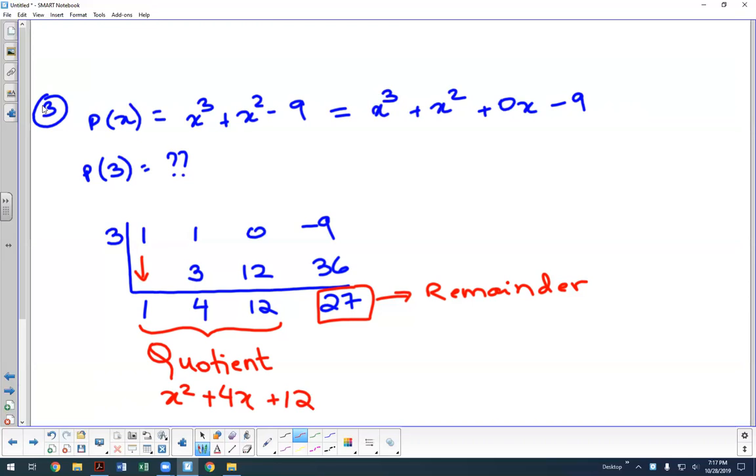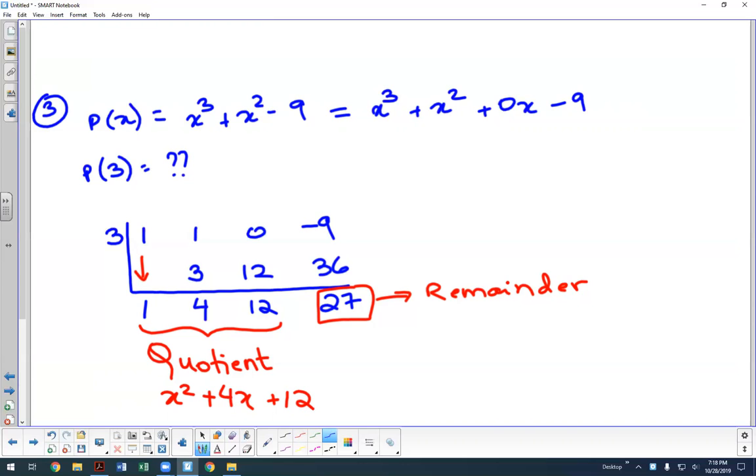So keep in mind, even though our original polynomial was missing the x term, that really makes no difference for us, because as you're writing your quotient out, again, you go in decreasing degrees, right? So we start with the x squared, then the x, and then the constant term. So that's going to be our quotient.